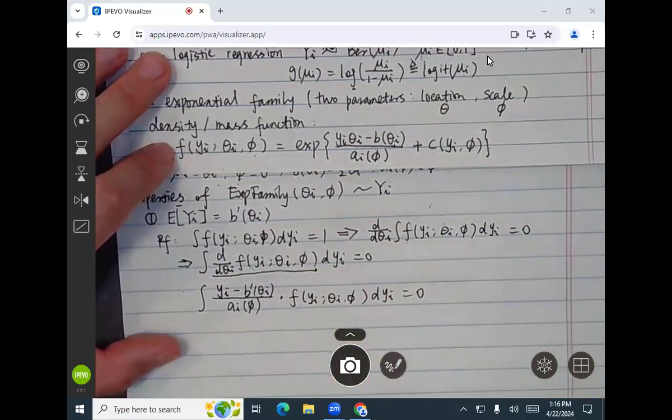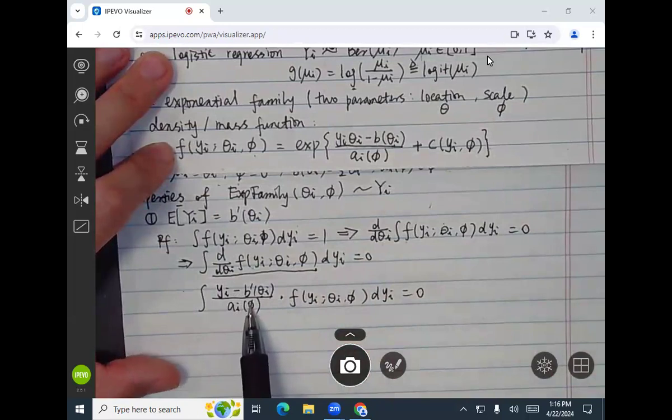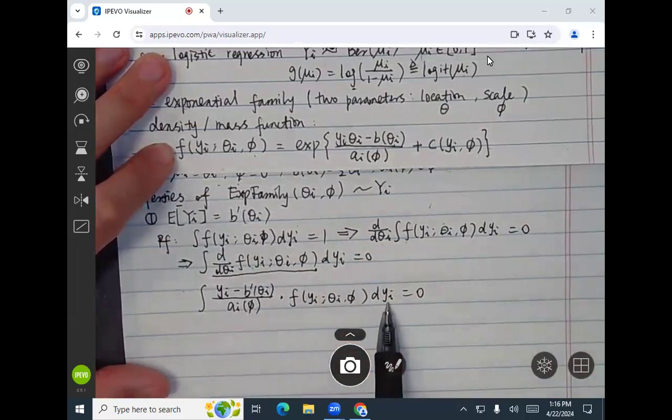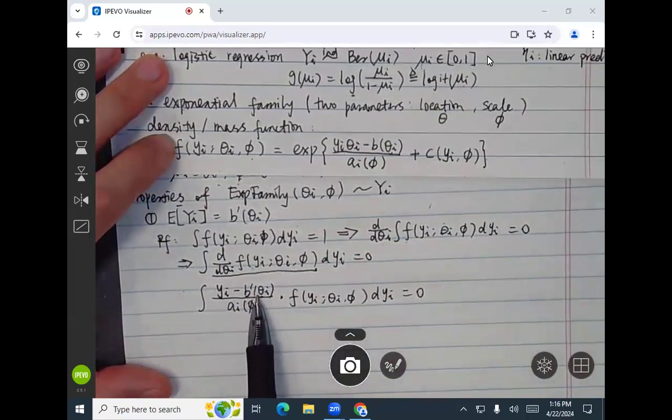And now we can separate the two terms. Basically, we can remove this denominator because it has nothing to do with the integration and it's 0 on the right-hand side. And then we can have one term involving yi, another term just b prime theta i.